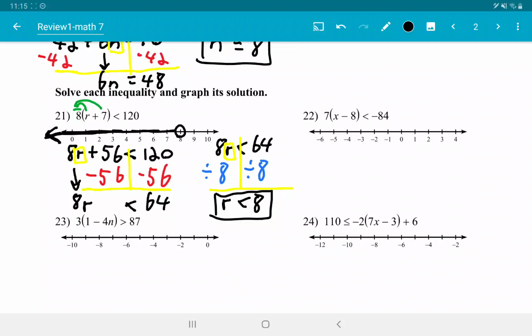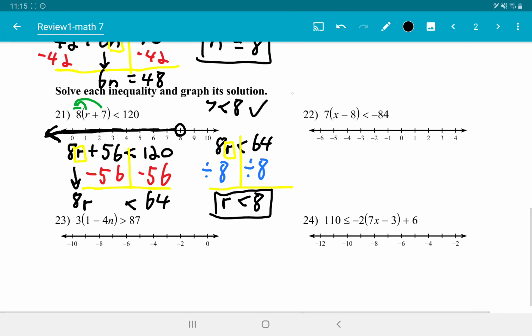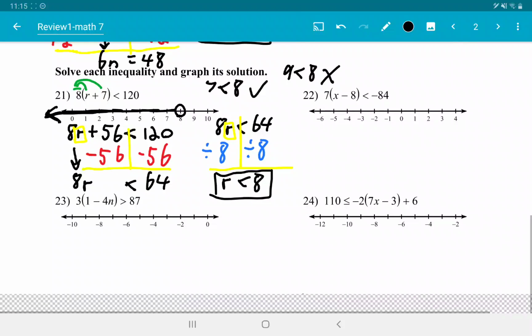If you are not sure which way to go, just pick a number besides 8 for this case. So let's say I picked 7. Since 7 is less than 8, I know that's true, so I've got to cover 7, so that's why I'm going to the left. If it didn't work, so if I picked 9, since 9 is not less than 8, I have to go away from 9. So that's why I'm moving to the left.